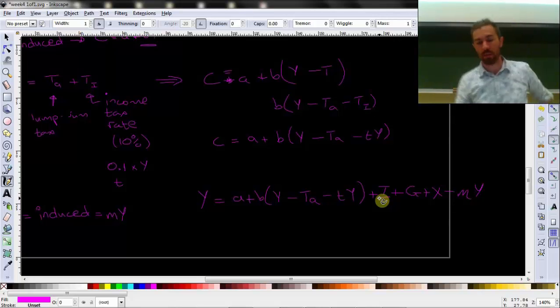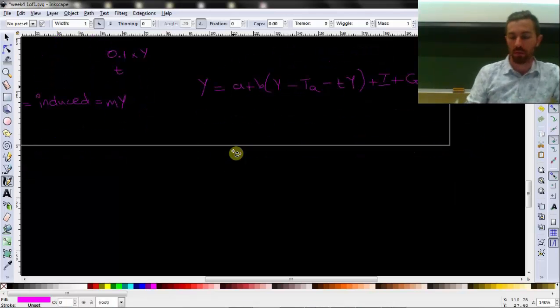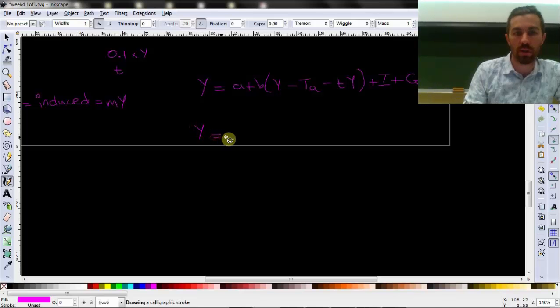Maybe we should just get to the answer here, because our time is running out. We rearrange this equation. If I just skip to the final answer, you'll just have to double check that I'm doing it correctly here. You're happy that we're going to have 1 minus b, I think it's plus b t and minus m. Oh, is it plus m?